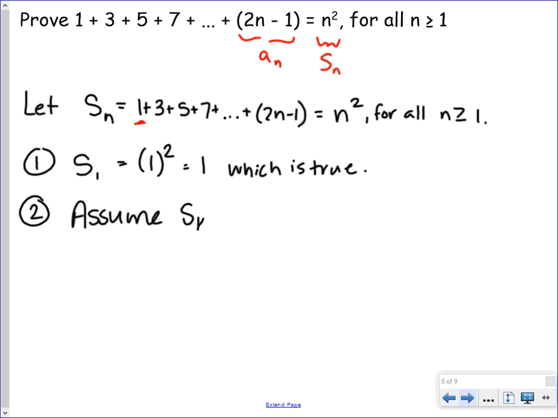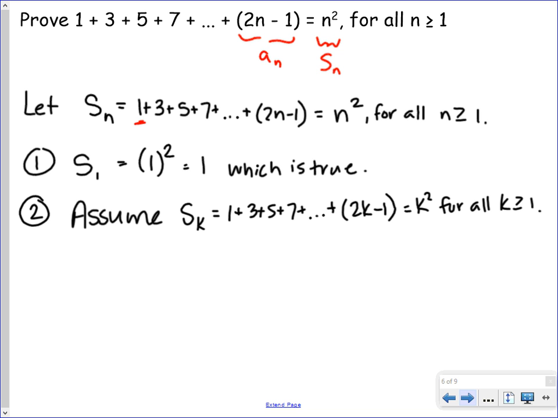We're going to say, assume s sub k is equal to 1 plus 3 plus 5 plus 7, all the way to 2k minus 1, whatever that k term is, equal to k squared for all k greater than or equal to 1. Okay, so I've basically copied the same thing I started with, just replacing n's with k's. And that's the first part of the induction step.